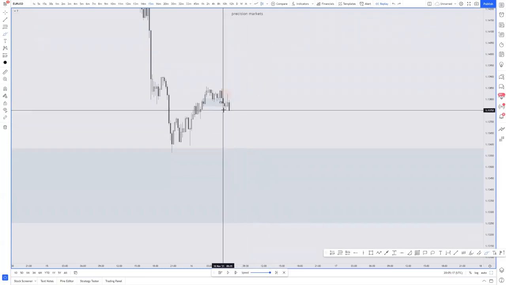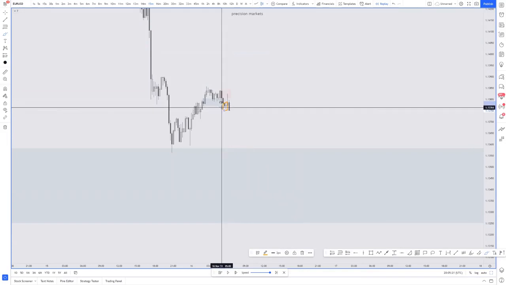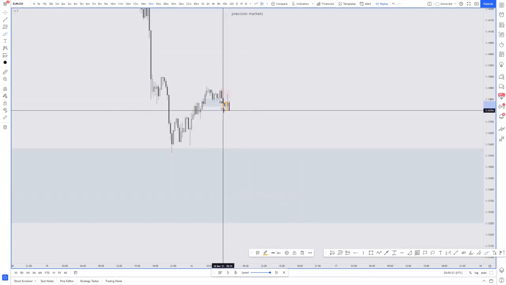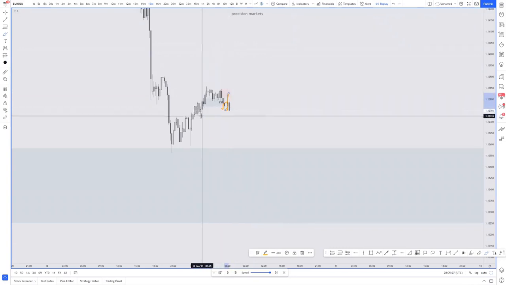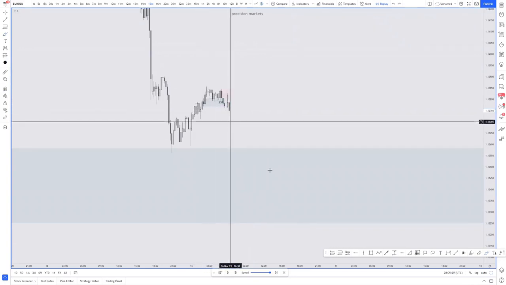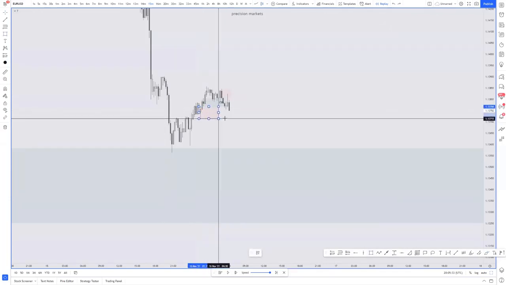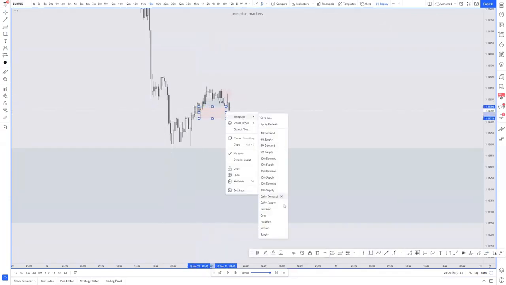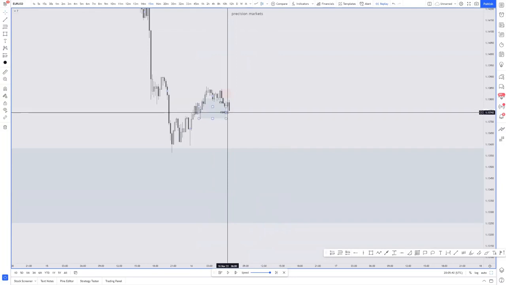The next thing I want you to notice is we have this sort of a doji. That's our most recent demand because it gave us the last drive up. It is also the reaction point to the next demand, which we're reacting to right here. And what this is allowing us to do is find the reaction points and what took them out.